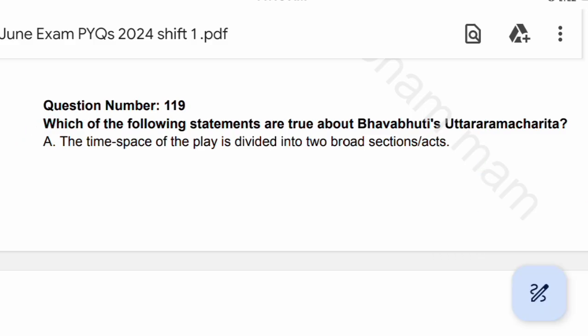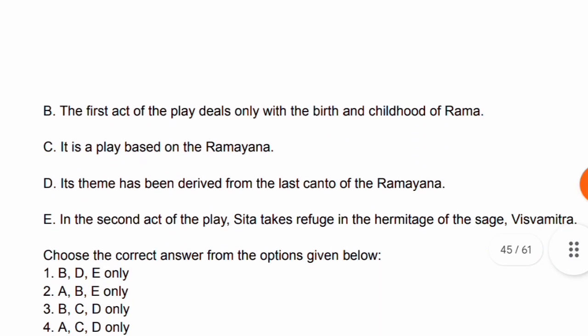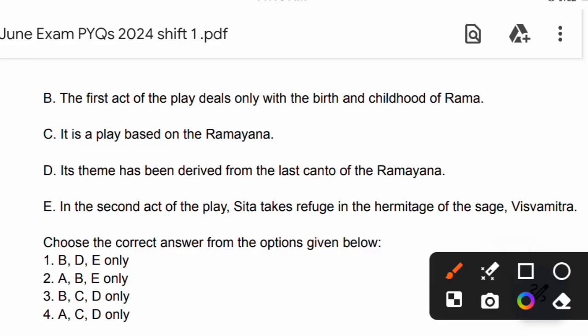Second option, the first act of the play deals only with the birth and childhood of Rama. C, it is a play based on the Ramayana. D, its theme has been derived from the last canto of the Ramayana. And E, in the second act of the play, Sita takes refuge in the hermitage of the sage Vishwamitra.